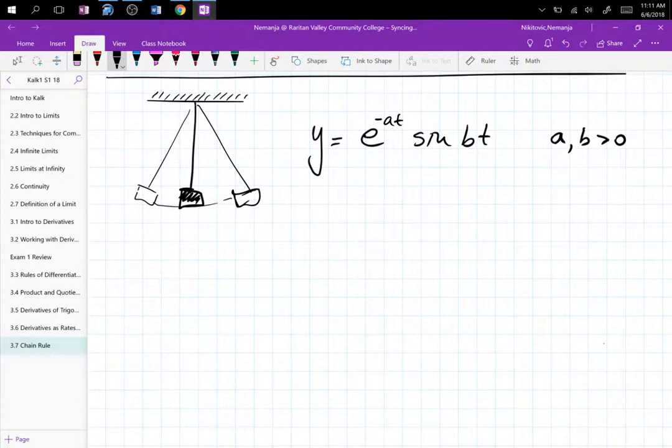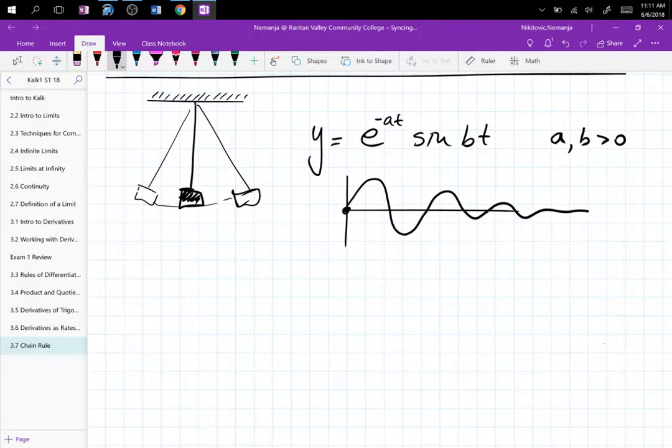Now, if you are to graph something like this on your graphing calculator, you will get this, for the t-axis and for the y-axis. So the distance, because it's sine, it starts at 0, and initially when you hit it to one of the sides, let's say to the positive side, this distance is largest, and then it goes back, it lost some of the energy, and then the other side will be less, and that's why this peak over here is higher than this peak over here.